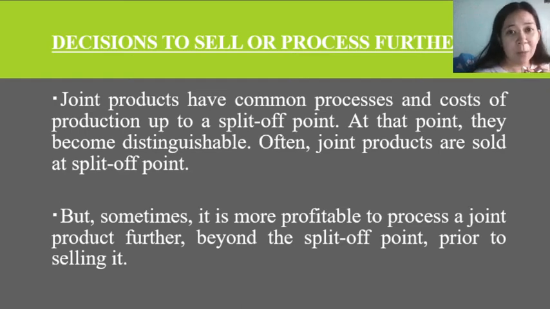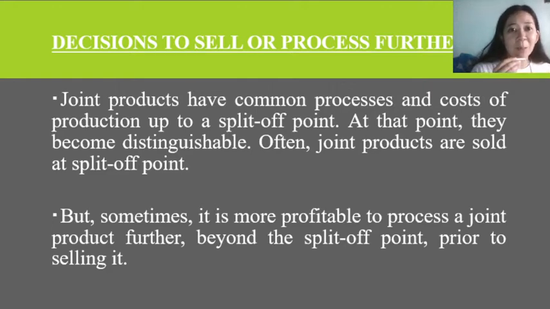However, if they continue to process it further, they can refine it and make it white and fine sugar, which cost more than that of the molasses. Okay, so this is an example of a decision to sell or process further the joint products.